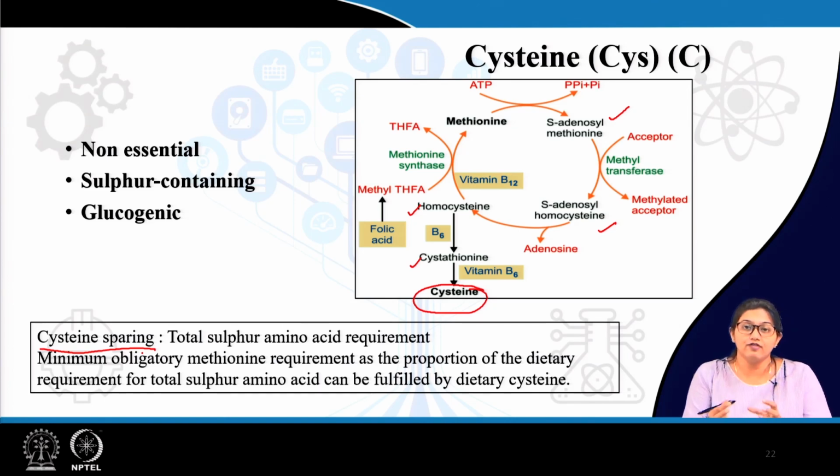If dietary supply of cysteine is high, it will basically cut down the requirement of methionine. The minimum obligatory methionine requirement is reduced. That is called the cysteine sparing effect on methionine.